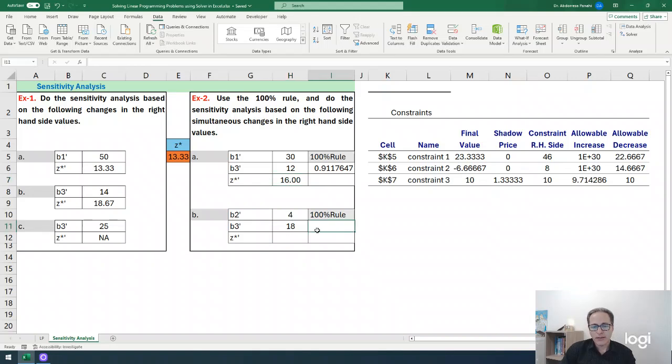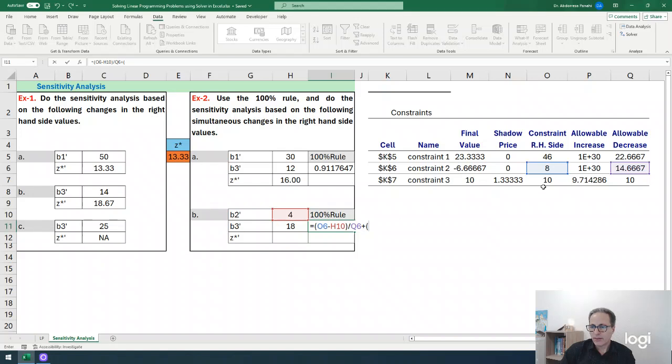And lastly, this one. We have two changes, then we need to write the ratio of, this is 4, and originally B2 was 8, so I write the large one minus the small one because we are working with positive numbers, finding the 100% rule, divided by, so 8 to 4 is a decrease, allowable decrease is this number, plus the other one, 18.